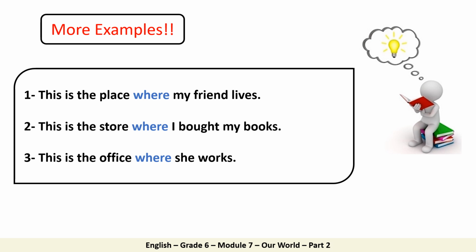Like in number 1, the word place, in number 2, the word store, and in number 3, the word office. And I'd like for you guys to remember that where is an adverb used to relate two different ideas. We have the first idea that refers to the place, and then the second idea is extra information provided for or about this place. All right?